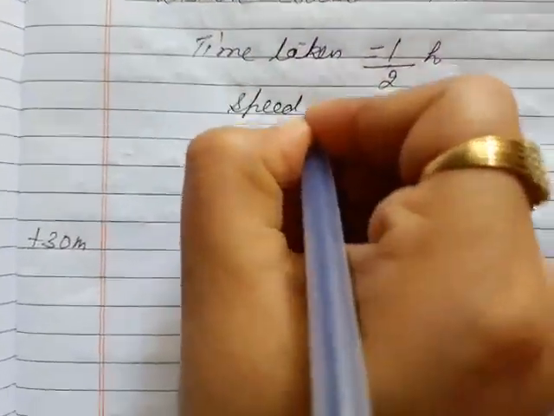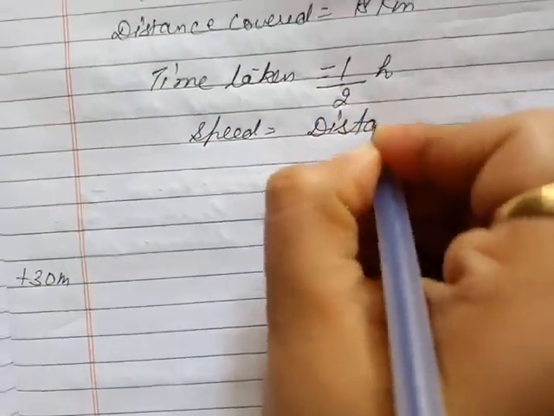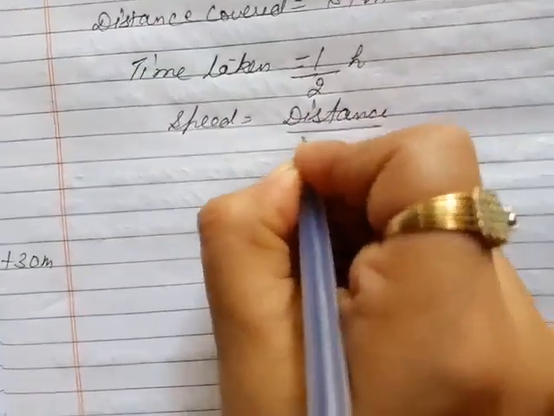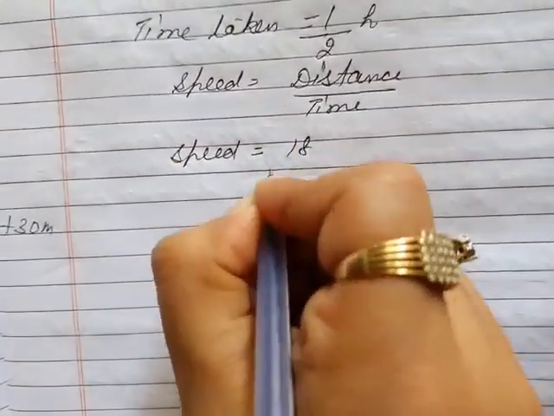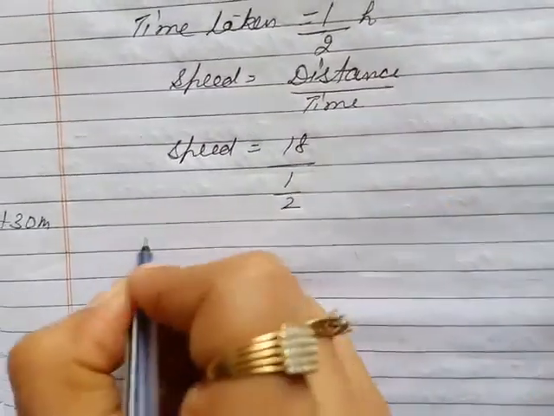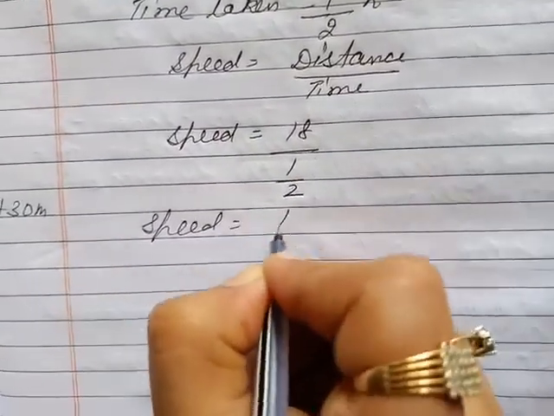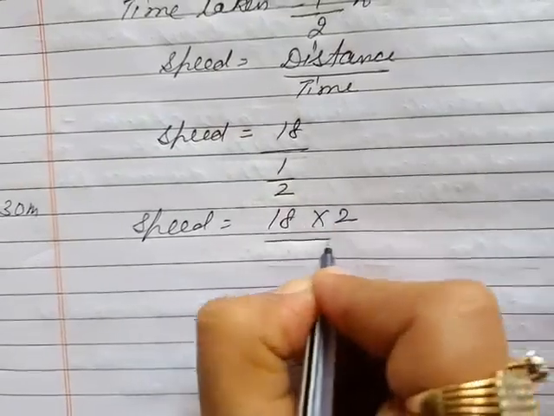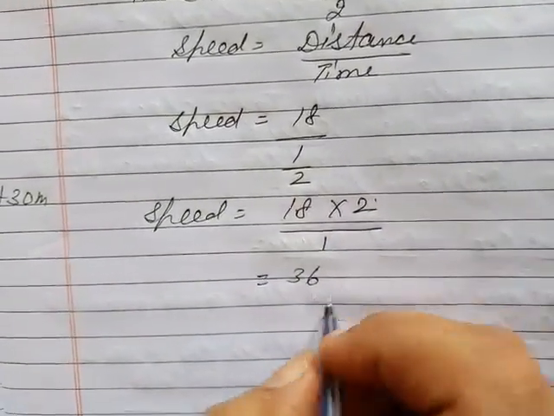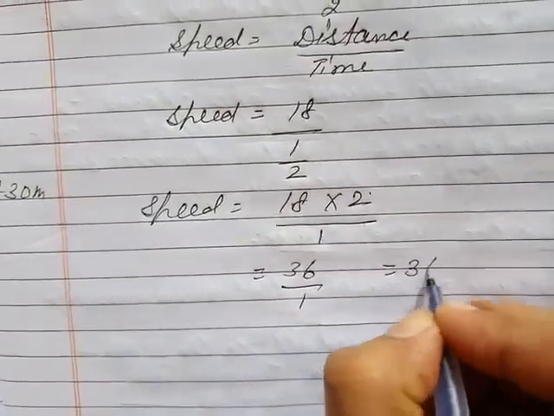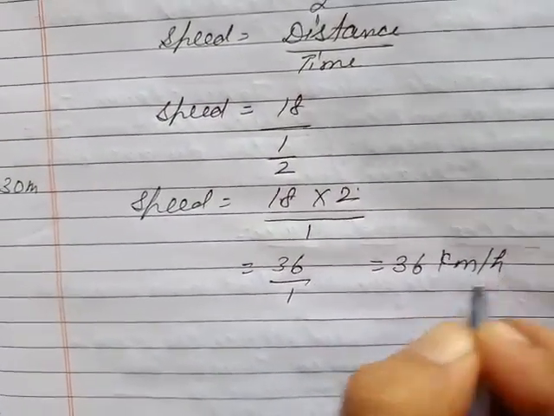Speed equals distance upon time, 18 by 1 by 2. Speed is equal to 18 multiply 2 upon 1. 18 2s are 36 by 1 is equal to 36 kilometers per hour.